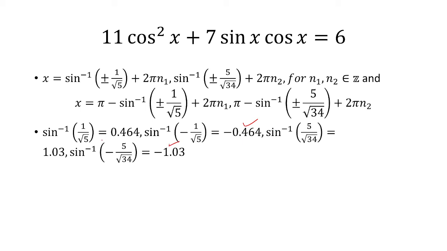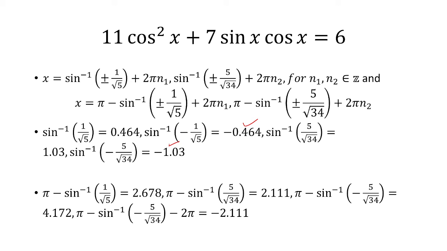Now for the ones that don't work, let's say 0.464, if I subtract 2 pi, that will still not be in the interval. Same thing with 1.03. So I can't do anything with those. And for those that are in the interval, if I add 2 pi or subtract 2 pi, it would take me out.